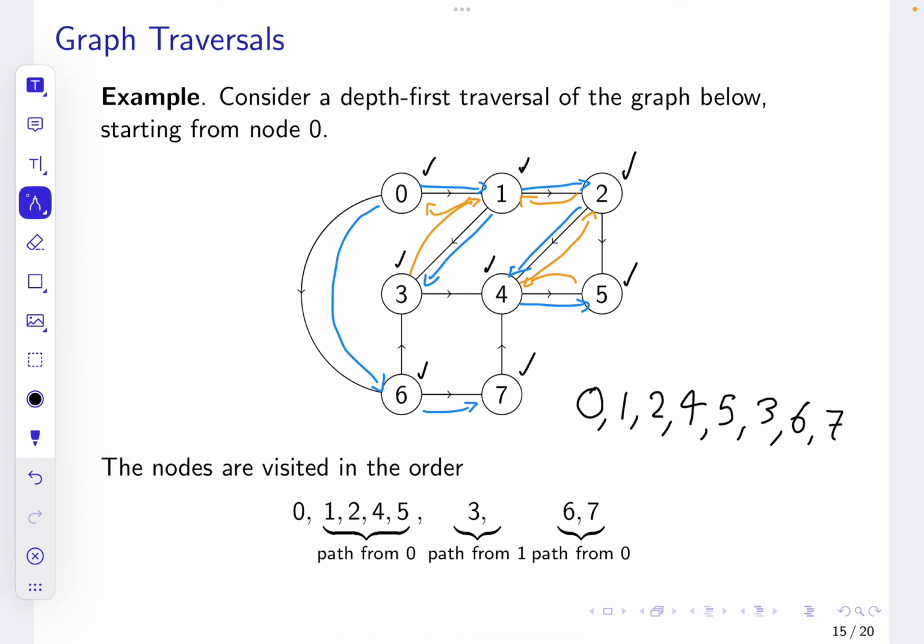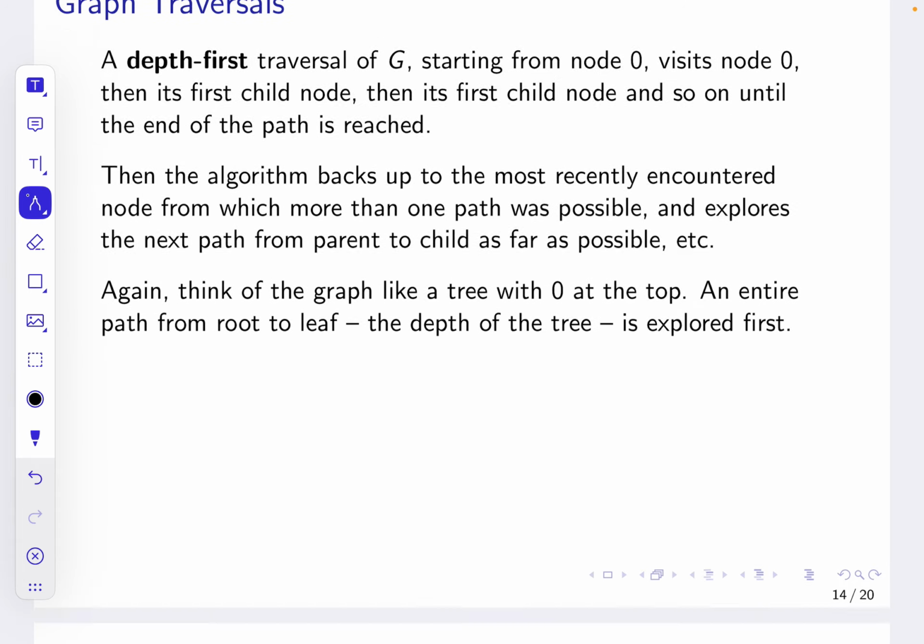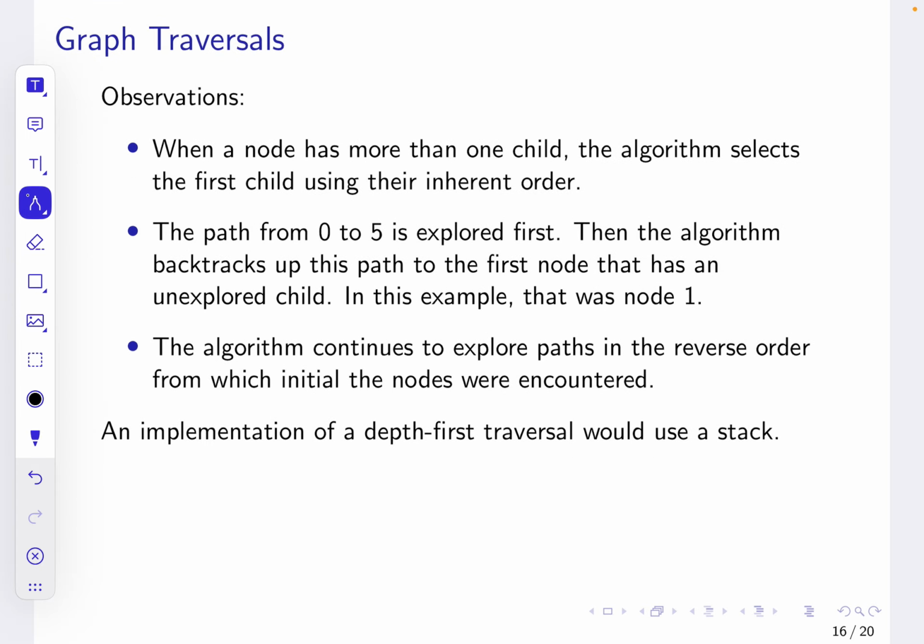And that's it. We, as humans, can tell that the traversal is over because we've visited every vertex. An algorithm would probably continue, but let's not get into that.